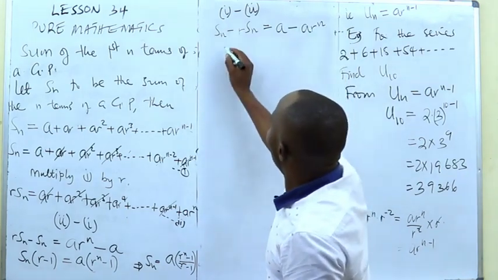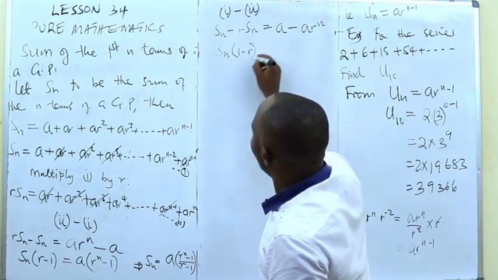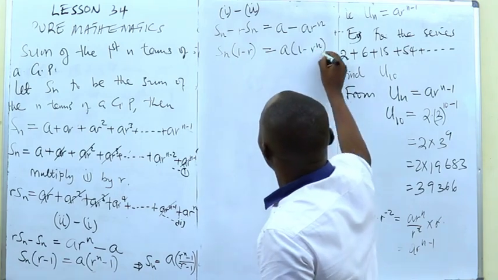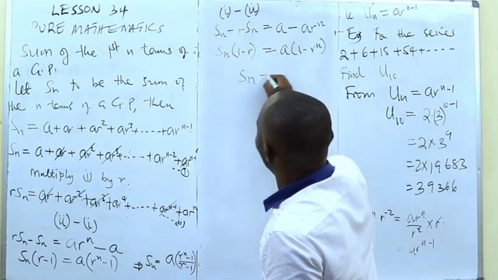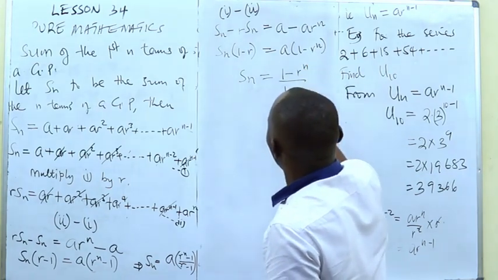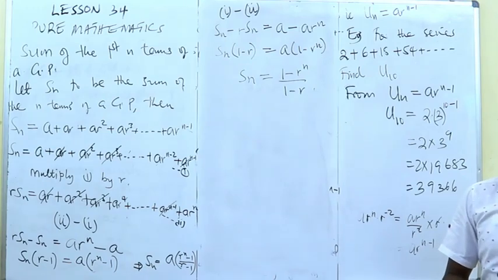If I factor out the common factor, it is Sn into 1 minus R. This is A into 1 minus R to the power n, and Sn is A into 1 minus R to the power n over 1 minus R. We are going to continue from there.